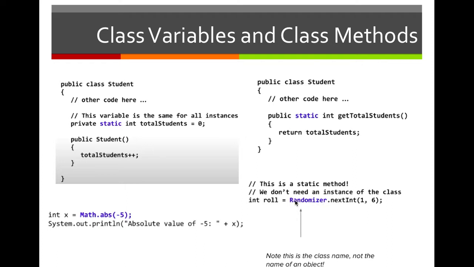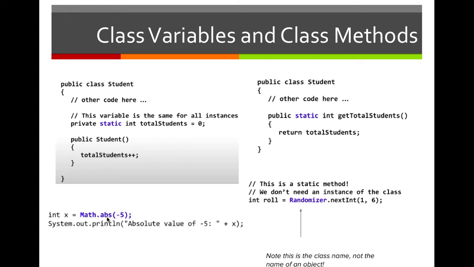So this means this is not an object name. This is a class name, not the name of an object. We produce random numbers between 1 and 6 with this method. So this is a static method.